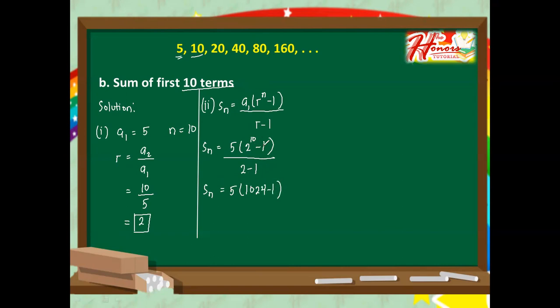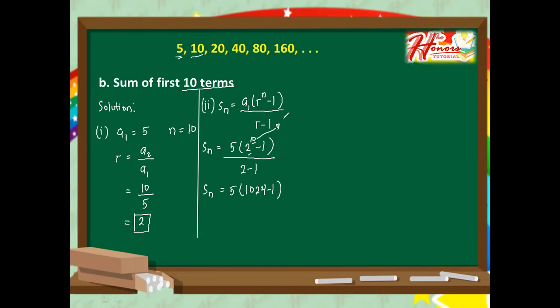Please don't multiply directly 2 and 10. Again, your exponent is telling your base how many times you are going to multiply the base to itself. And that is 10 times. Look at this one.